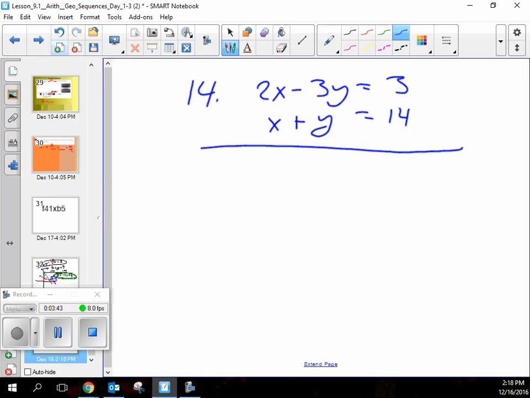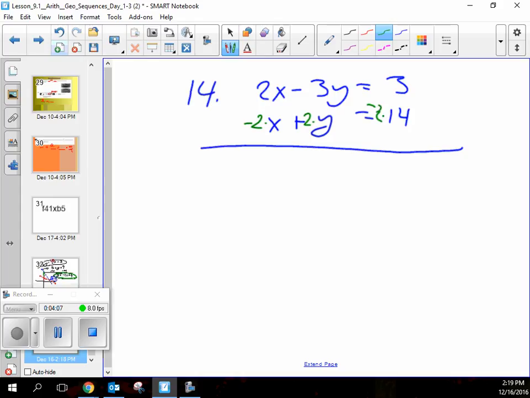So, KM, that's you. What do you think, which one should get multiplied? The top one or the bottom one? The bottom one, because it's got smaller numbers. And then what should it get multiplied by? Negative 2 would work. Now, just so you know, negative 2 isn't the only thing that could have got picked.